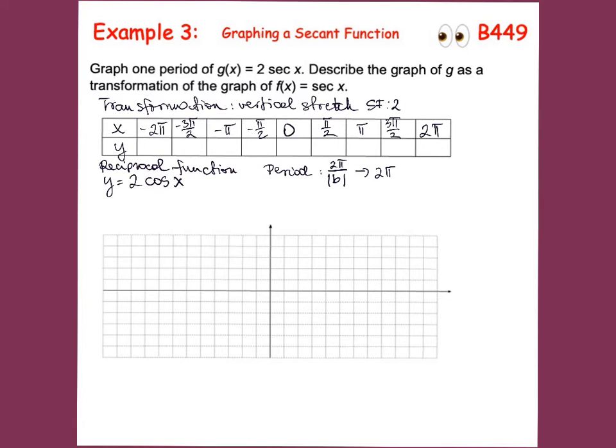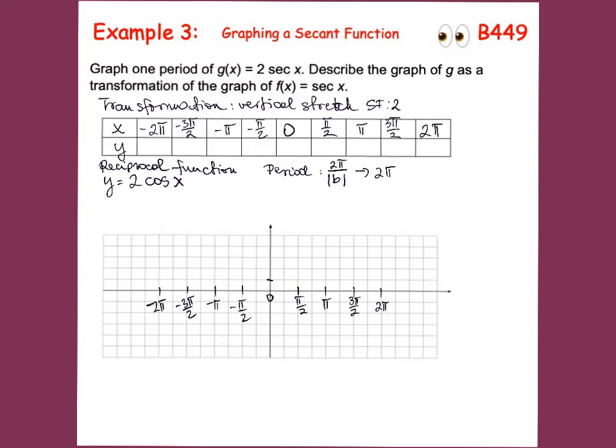So let's label our x-axis. So when we label our x-axis, we are going to say this is 0, this is pi over 2, that's pi, 3 pi over 2, and this is going to be 2 pi. And here is our negative pi over 2, negative pi, negative 3 pi over 2, and negative 2 pi.